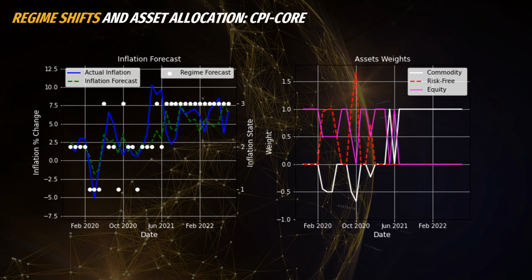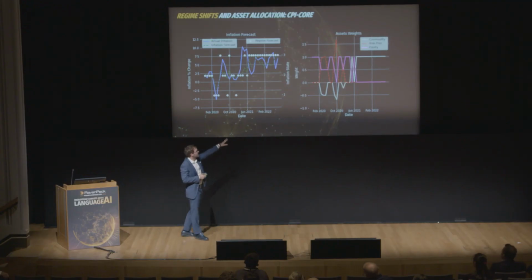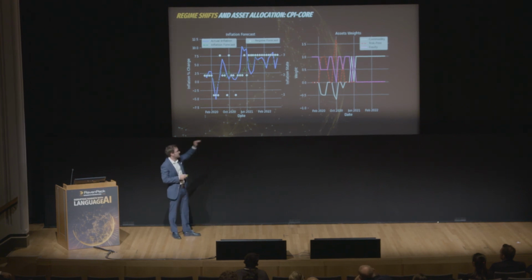Because also in this case RavenPack Analytics come in very helpful because, for example, growth is declining, but interest rate, inflation expectation, and the other variables that I've shown you are actually going into positive territory, meaning that the risk of a higher inflation regime is higher. And on the left side, you can see the actual weights of the portfolios between commodity, risk-free, and equity.